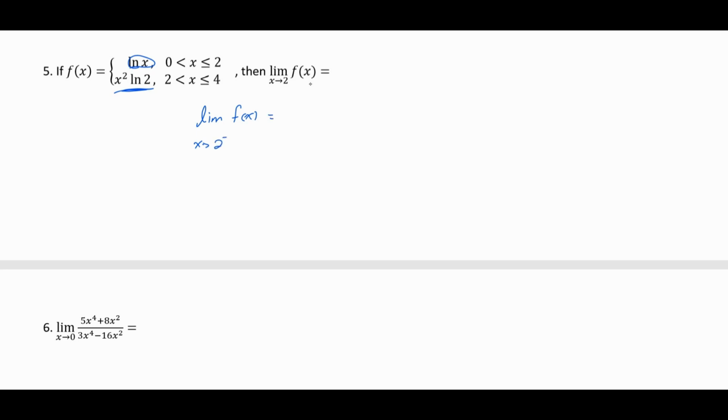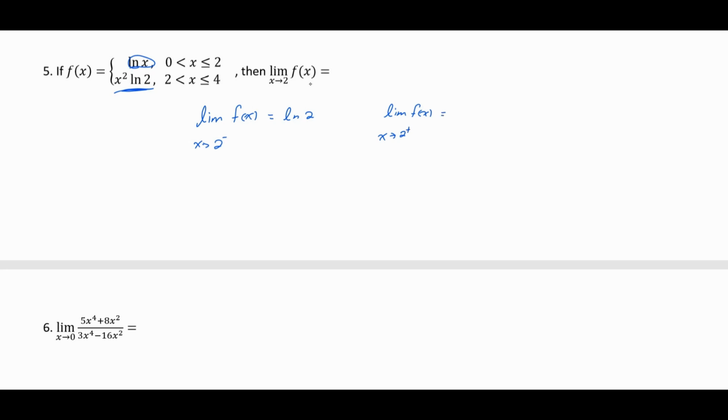All right, and that is going to give us natural log of 2. I'm not going to really spend any time evaluating it. That's just going to be what I leave it as. And now here we're going to substitute in limit of f of x as x approaches 2 from the right.